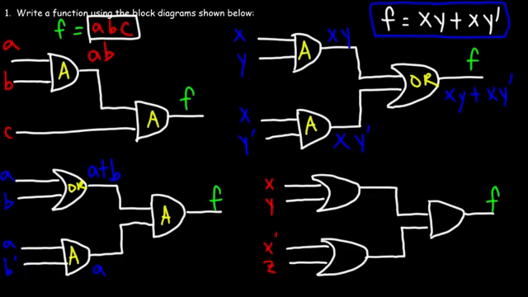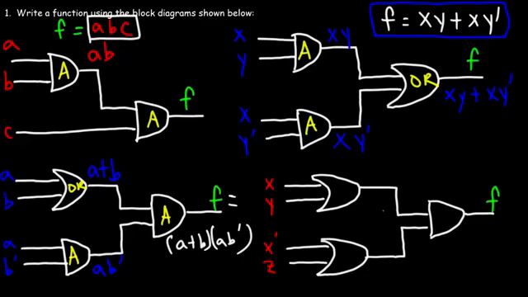So this is A times B prime. Now here we have another AND gate, so we're going to take these two inputs and multiply them together. We may need to use a set of parentheses. So the function is going to be A plus B, so that's this input, times A B prime. You could put that in parentheses if you want to, but you really don't need to.